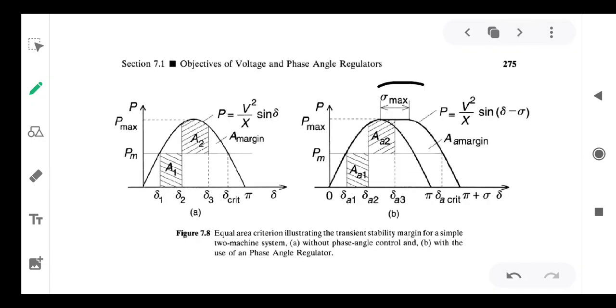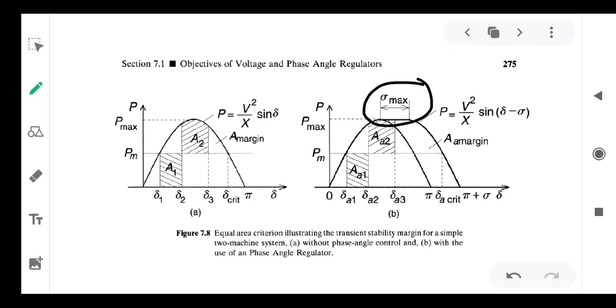This is the delta maximum possible control. The negative side is also controlled, in the positive side as well, plus or minus. So P is equal to V square by X sin delta minus sigma. Similarly you can also get sin delta plus sigma, as explained in the previous slide.